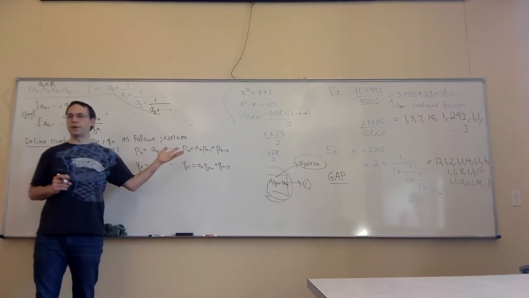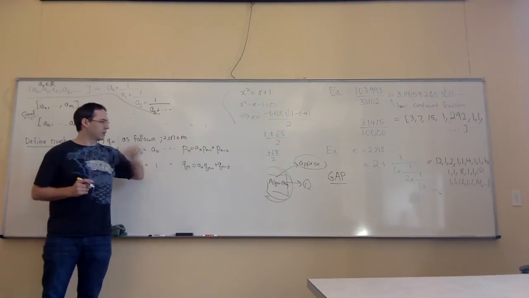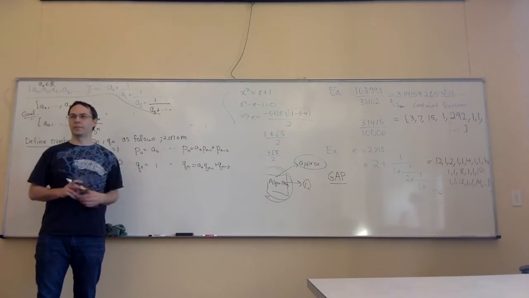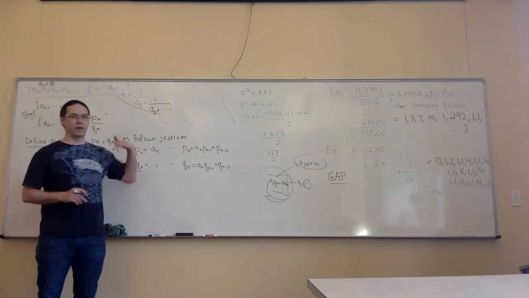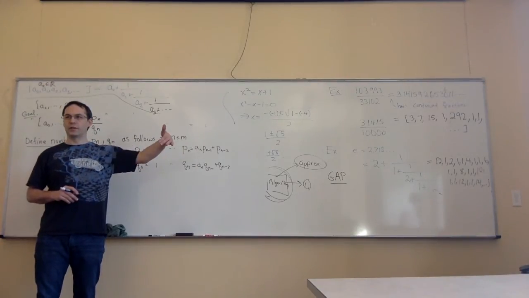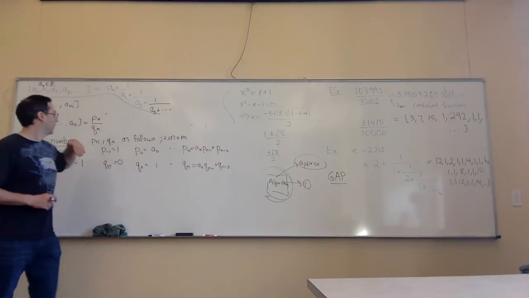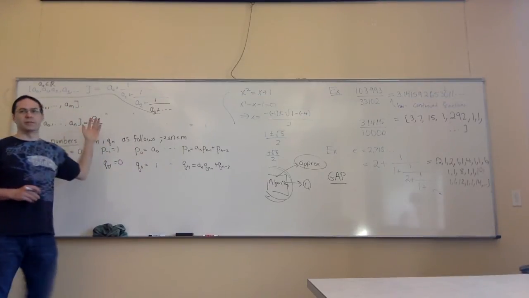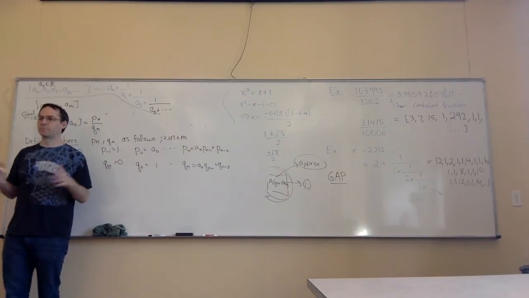It kind of looks like Fibonacci numbers, except there's a sub n's. In fact, what if the a sub n's were all 1? These would be Fibonacci numbers. So if you take the continued fraction for the golden ratio and look at the numerators of the partial convergents, you end up getting Fibonacci numbers. For what it's worth.